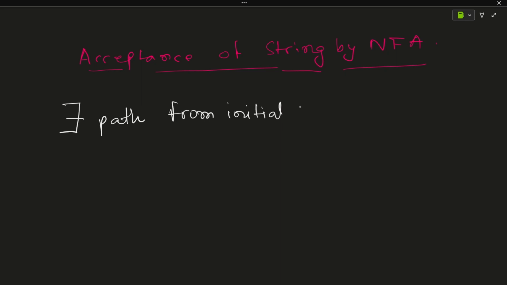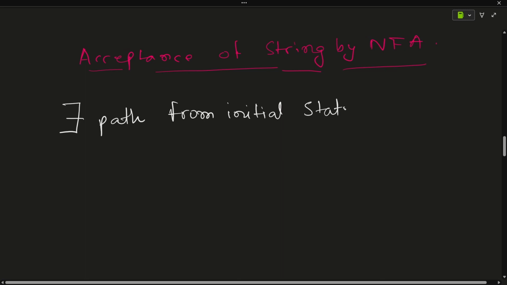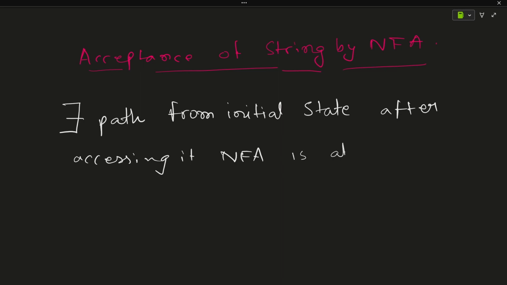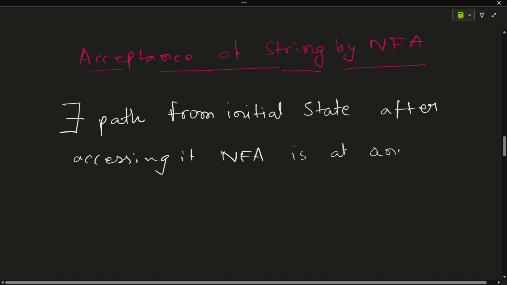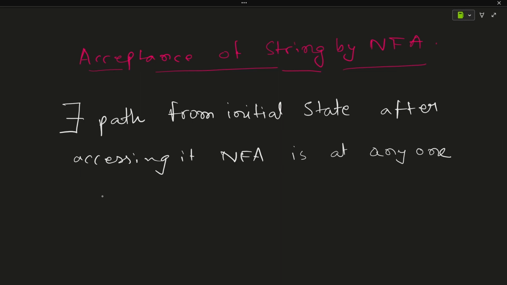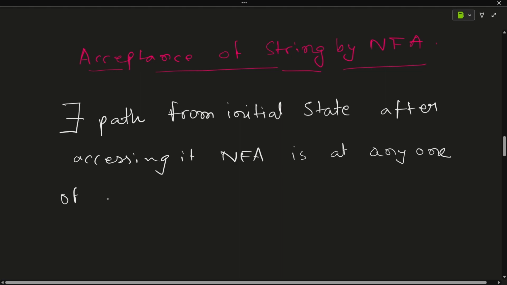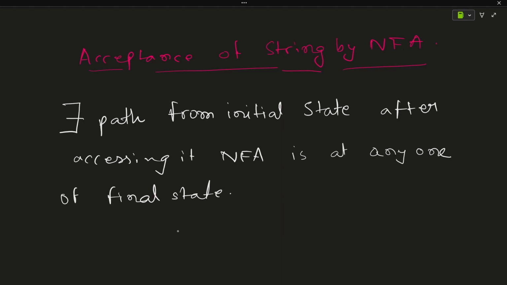If there is at least one path from the initial state to a final state, such that after reading the string the NFA is at any one of the final states, then the string is accepted. This is the acceptance of a string by an NFA.